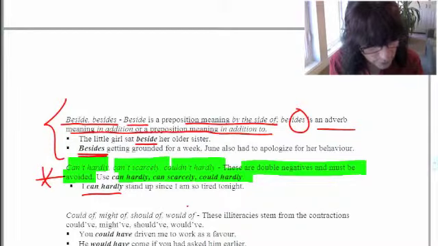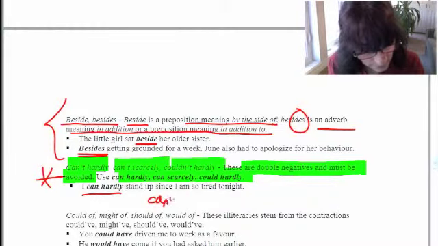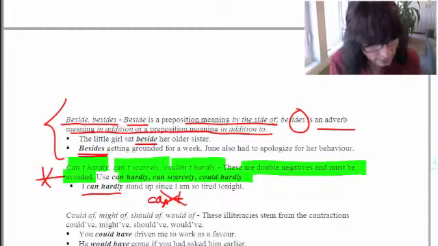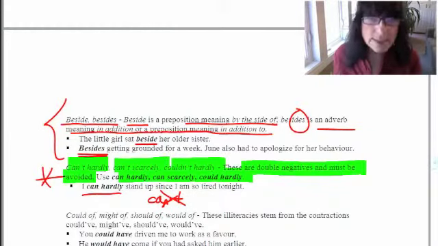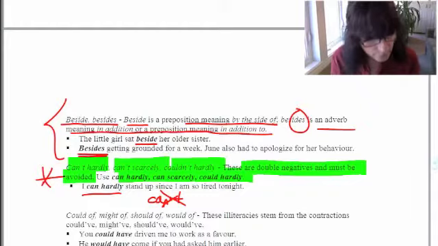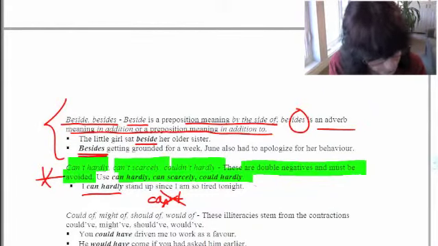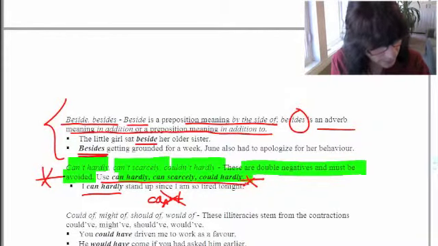That is correct. You cannot say I can't hardly. It's a double negative, so that would be wrong. It's I can hardly stand up. I can scarcely make it to the other room, I'm so tired. Or I could hardly. These are all correct right here.